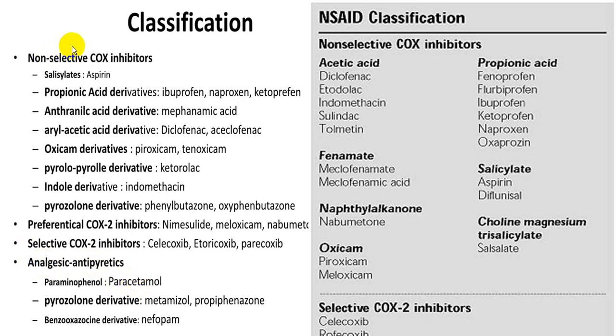So by and large, this is a better classification. The preferential selective groups, which have a major action as selective COX-2 inhibitors plus mild COX-1 inhibition, are better than the non-selective compounds. And selective COX-2 inhibitors are celecoxib, etoricoxib. Etoricoxib is available, celecoxib is not freely available, and the analgesic antipyretic is paracetamol.